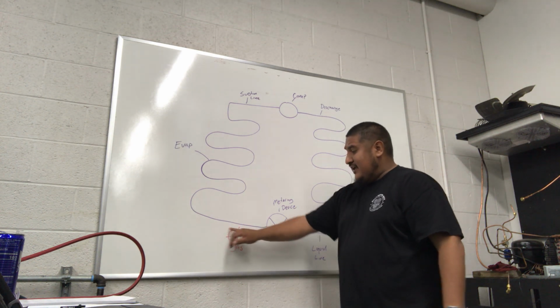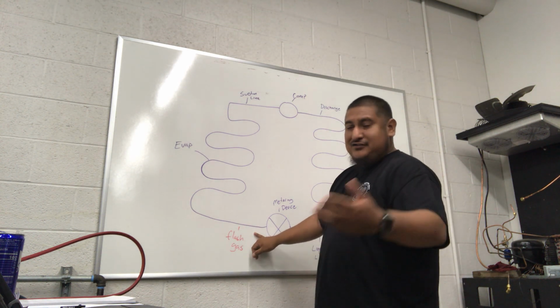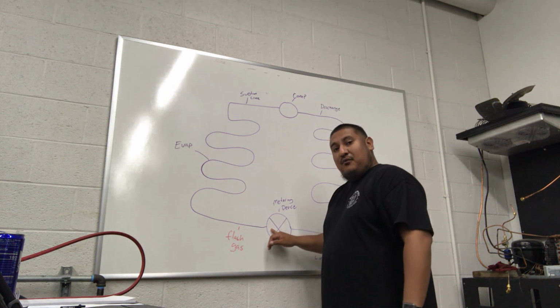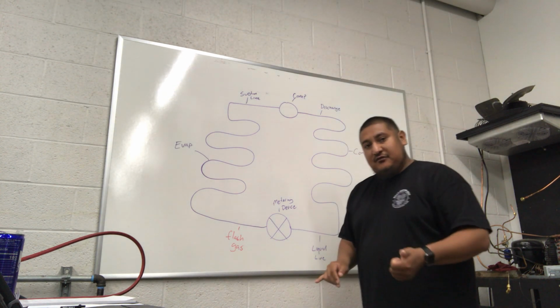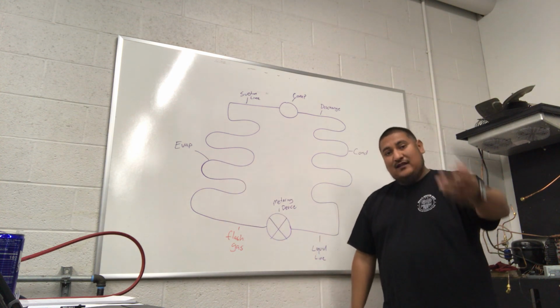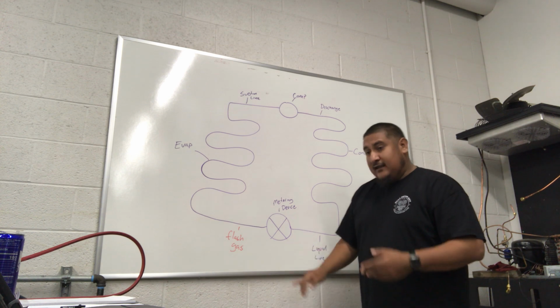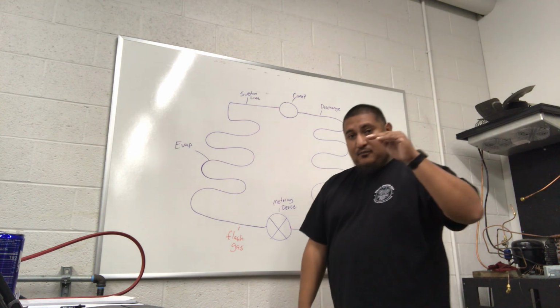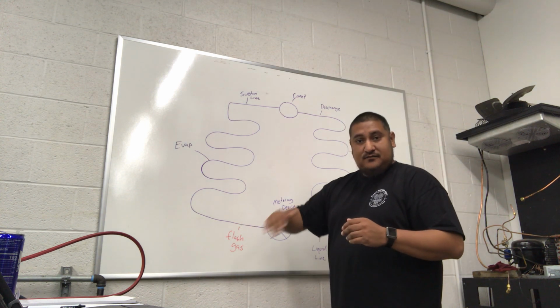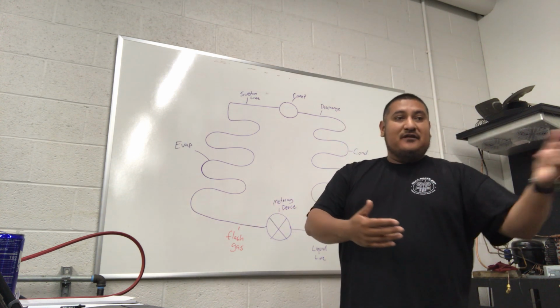You have to understand at this young age in your tech years that this component is pretty important. Not only does it meter the amount of refrigerant you're going to shove over here, it also creates that low pressure for you. Just like I said at the beginning of the video, pressure and temperature go hand in hand. So when this pressure drops, what's going to happen to your temperature, Moreno?